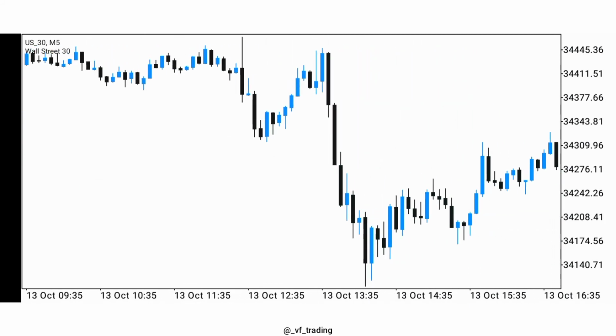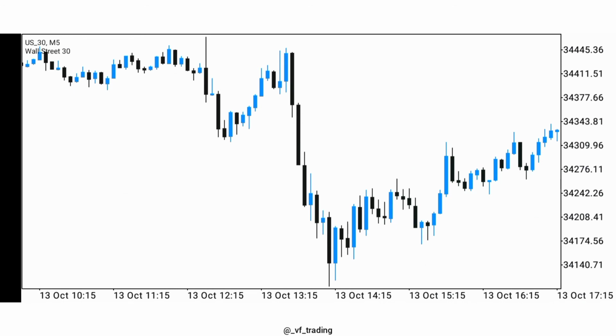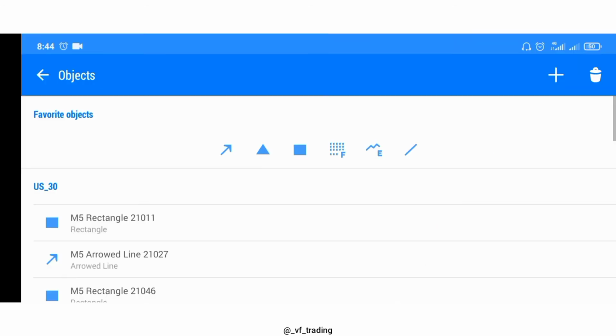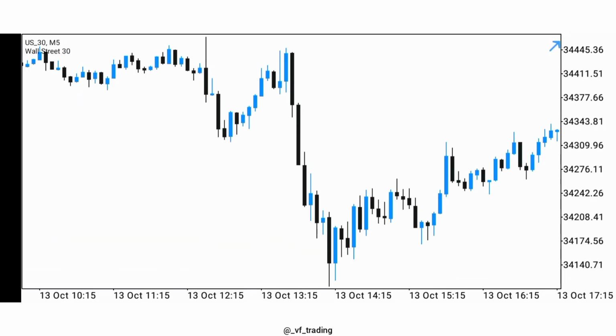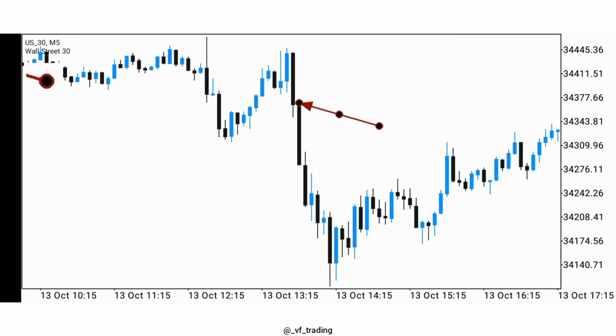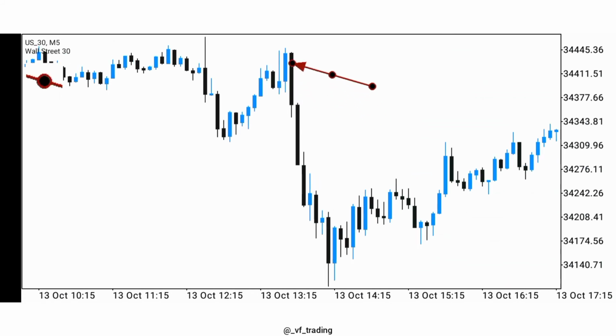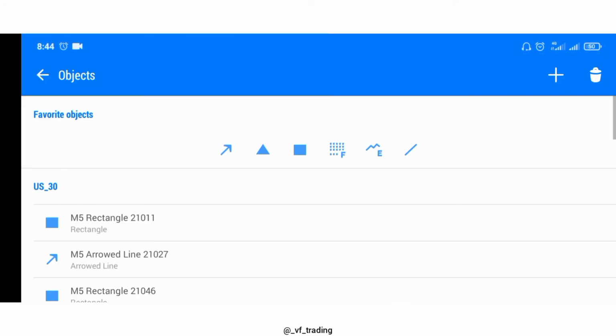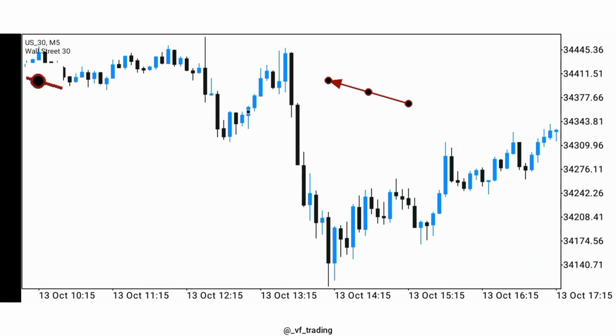Here's another example of a bearish engulfing candle. This is our bearish engulfing candle. This black candle completely engulfs the previous bullish candle. And as always, how you will trade this is have your entry at the close of the candle.